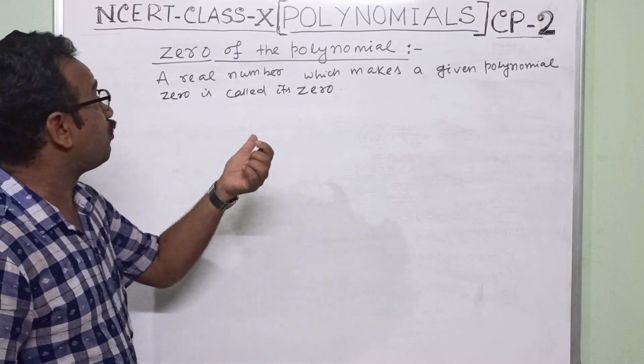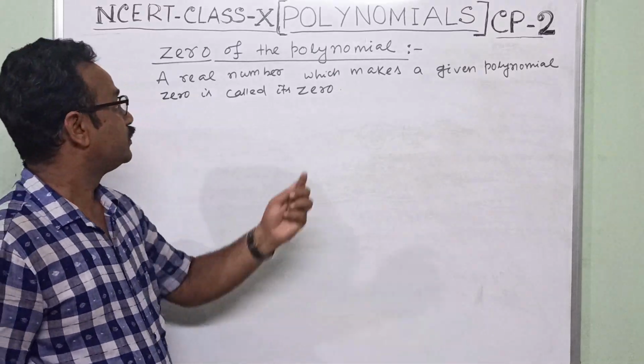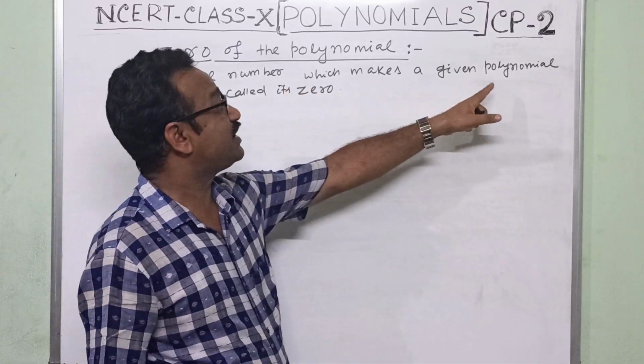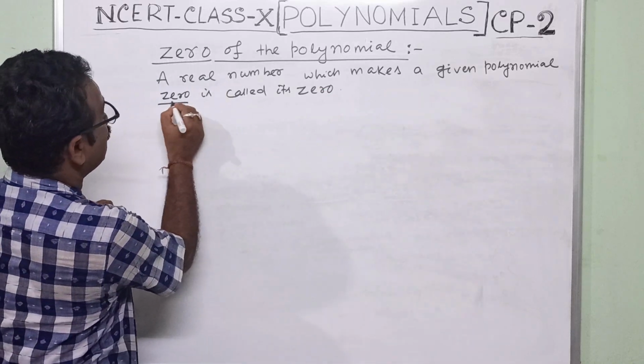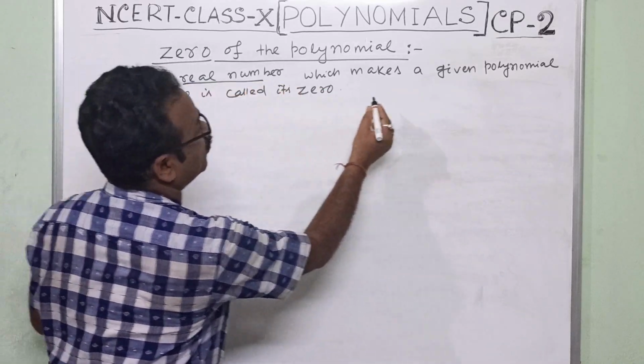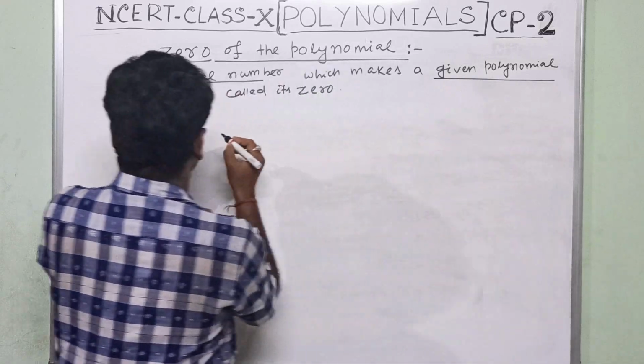A real number which makes a given polynomial zero.